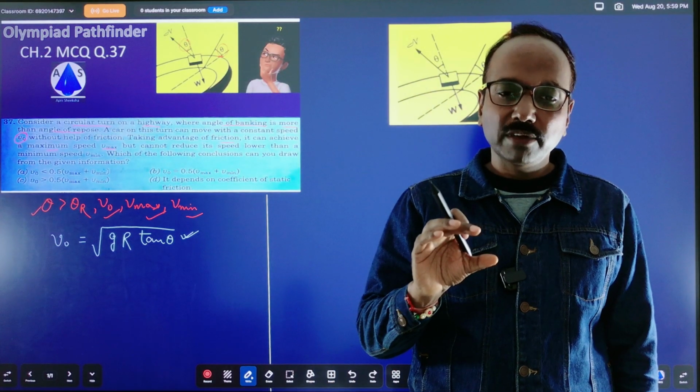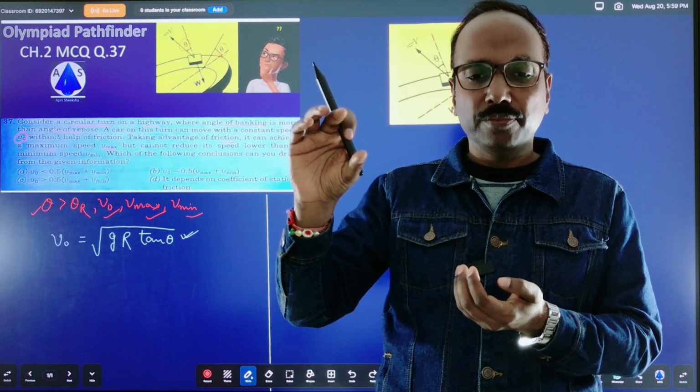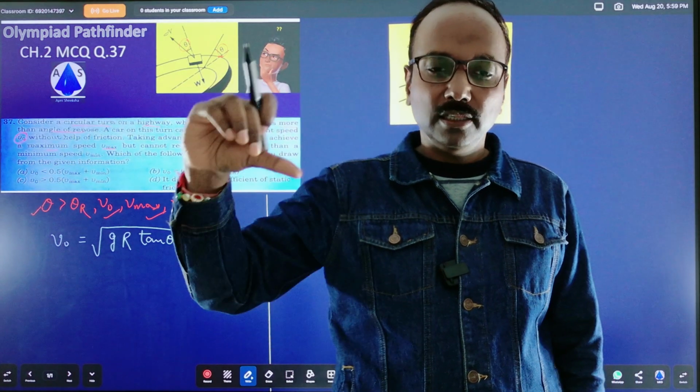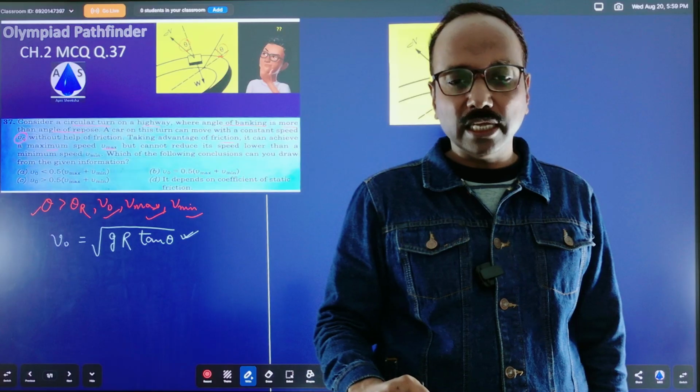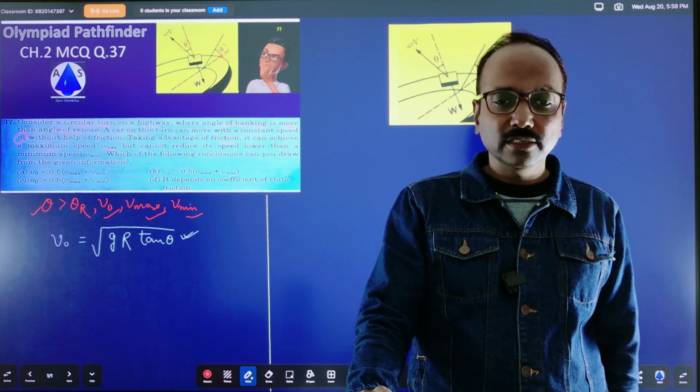So the car will have a tendency to slide up. So a friction force will start acting on the car in the downward direction along mg sine theta. So again these two forces will balance.